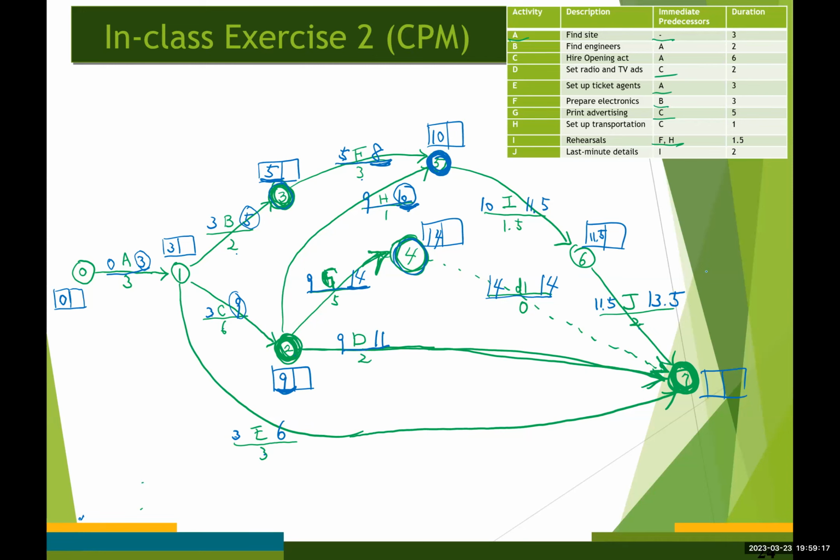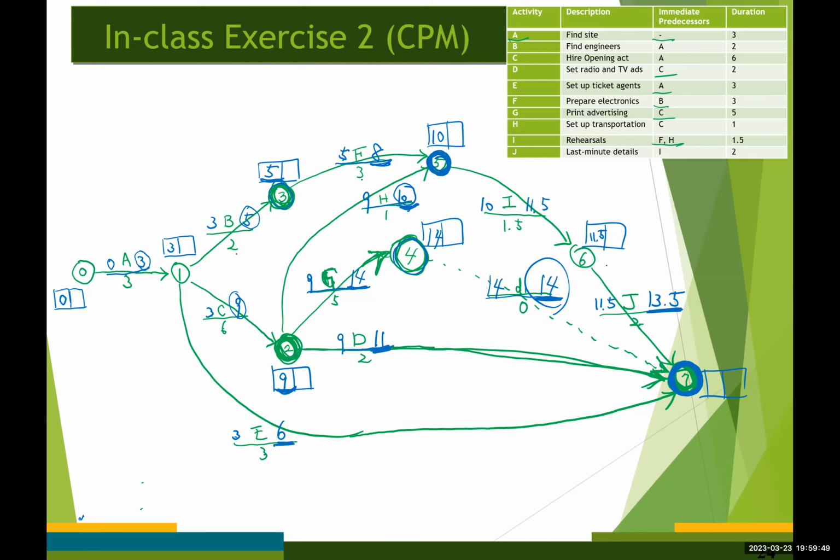What else? Did I miss anything? Okay, no, I didn't. So now it's time for us to determine the earliest time for event number 7. What you need is to choose the largest value among these 4 different values, right? 13.5, 14, 11, and 6.